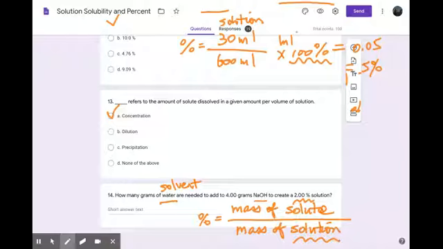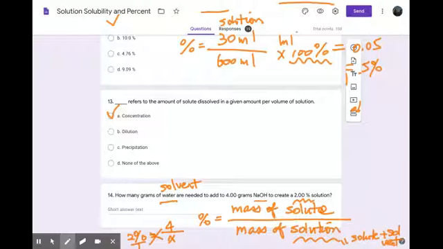So solution is equal to solute plus solvent. From this equation, we can find our mass of solution first. We plug in the information, 2% equal, our solute is 4 gram over X. Cross multiply.